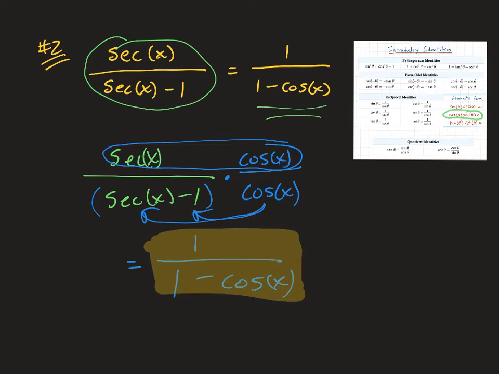So in this case, our strategy was simply to use this alternate form of the reciprocal identity, multiplied by a form of 1, which is a little trick we use a lot in math to transform expressions. I multiplied by cosine x over cosine x, and that gave me the 1 in the numerator, and that gave me the 1 minus cosine of x in the denominator. I like that problem. Okay, let's go on to number 3.